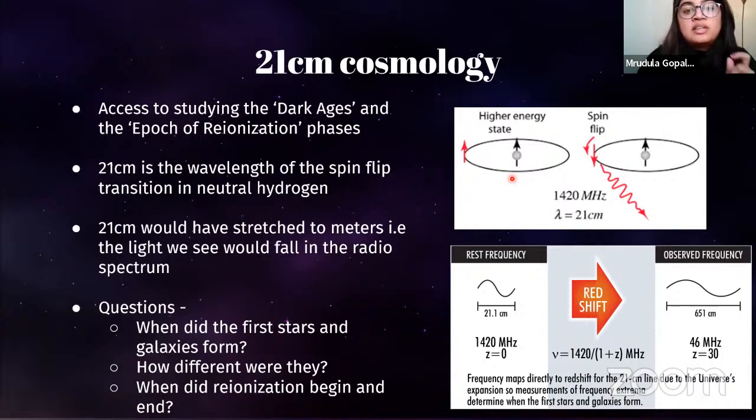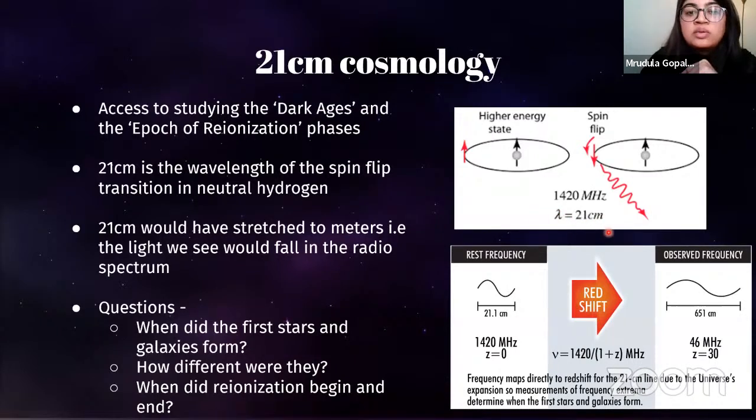The 21 centimeter measurement is important because when it goes from the parallel spin state to the anti-parallel spin state, it emits a signal, and that signal's wavelength is 21 centimeters. That 21 centimeter corresponds to 1420 megahertz.